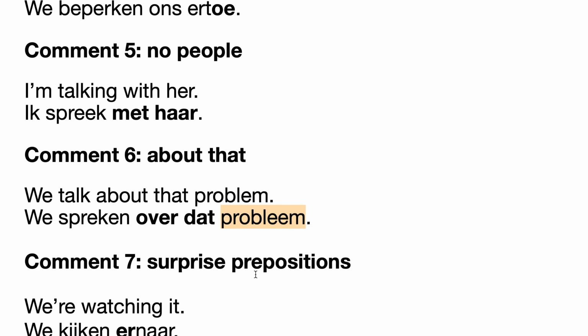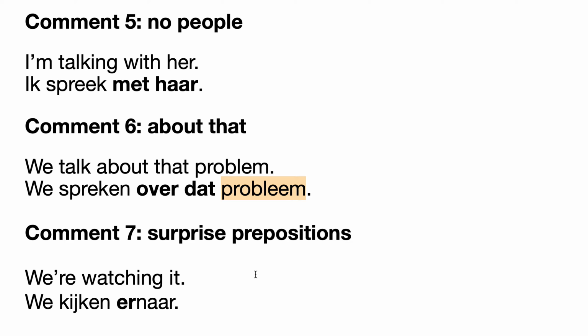And a last comment. Before we start with the waar, we're not done yet. The last comment here is an important one, because in English some verbs do not take a preposition, whereas in Dutch they do take a preposition. For example, watching is kijken naar.